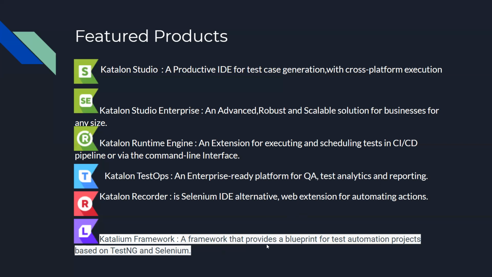It is a framework that provides a blueprint for a test automation project based on TestNG and Selenium. So we can write our Selenium as well as TestNG code in that, where we have to write a complex logic. We can import even Selenium code in the Katalon Framework as well.